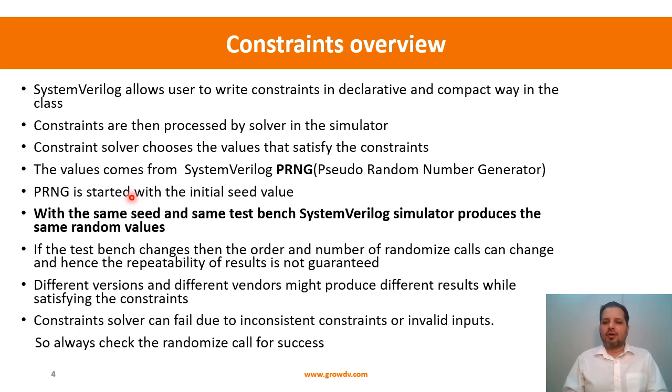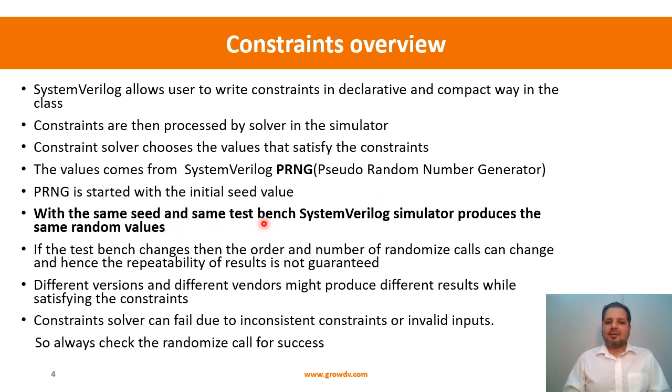So you can explore how the random number generation algorithms work, and you will understand that much better if you are keen. But this pseudo-random number generator is started with the initial seed value, and that seed value enables it to generate consistent, reproducible random numbers. Okay, so that is the main idea of the pseudo-random number generator.